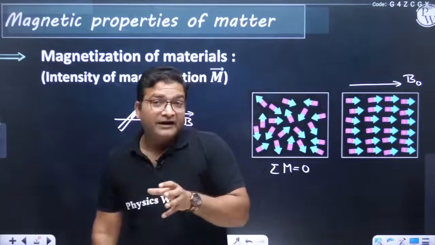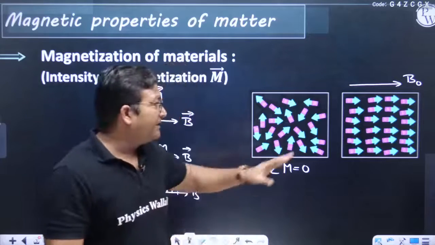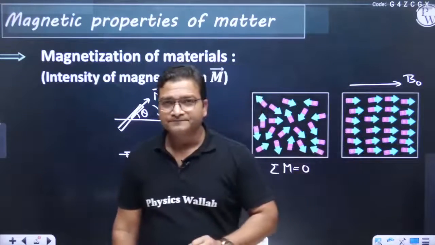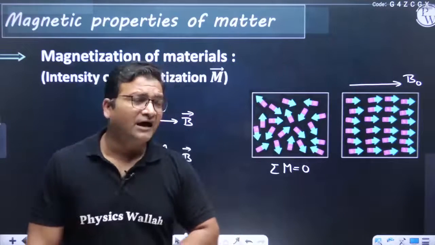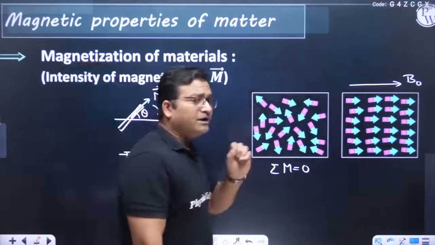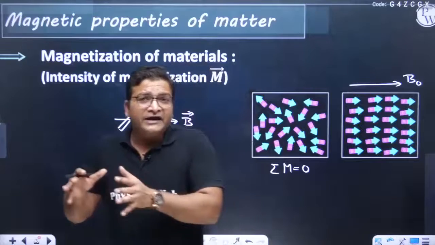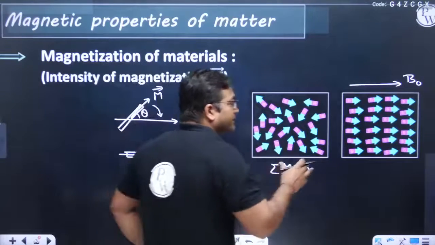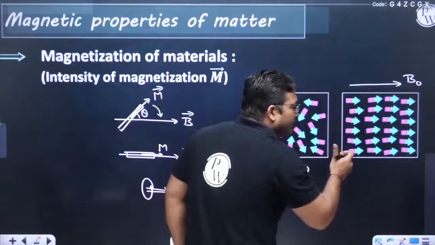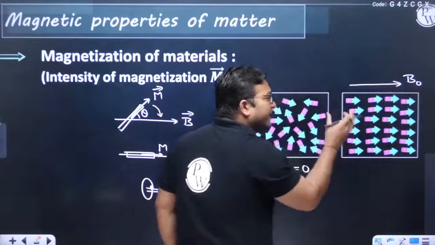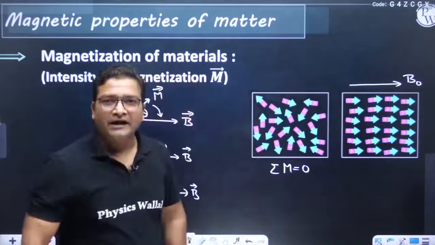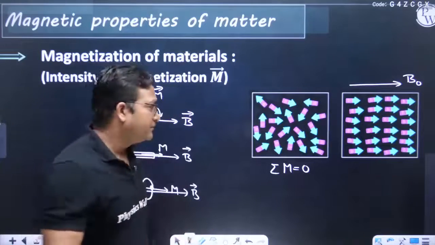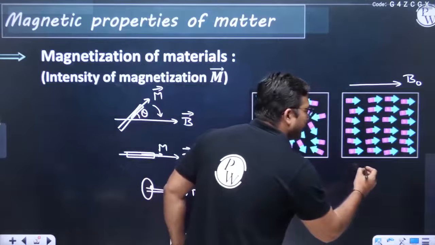However, in every material this alignment is not perfect. Some atoms are still in random directions, but many atoms align themselves along the magnetic field, and that is why, if we add up the magnetic moment of each atom, we get some magnetic moment.